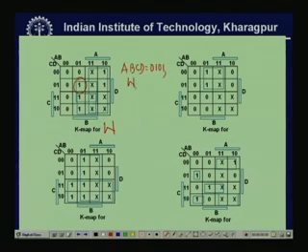Similarly, when ABCD is 0 1 1 1, W is 1, and when it is 0 1 1 0, W is 1. In that way we can draw the Karnaugh map for W. Similarly, we can draw the Karnaugh maps for X, Y and Z.